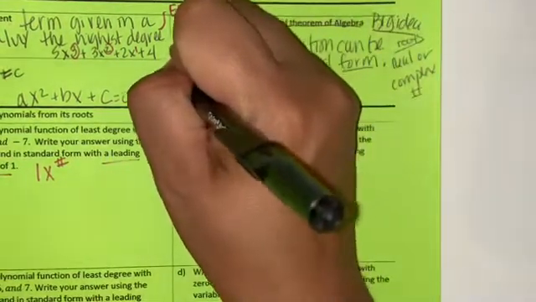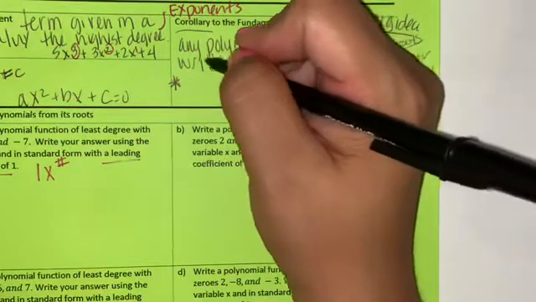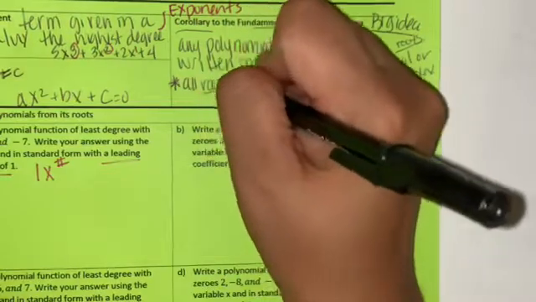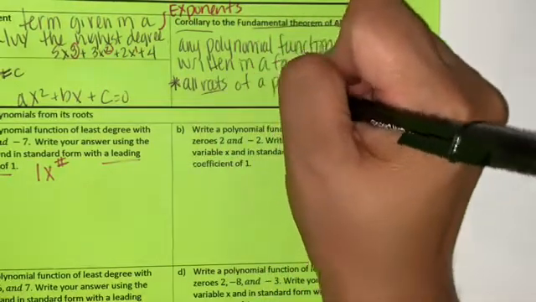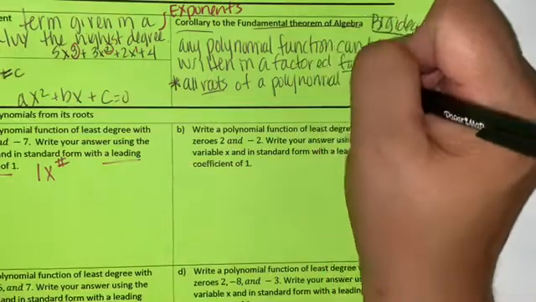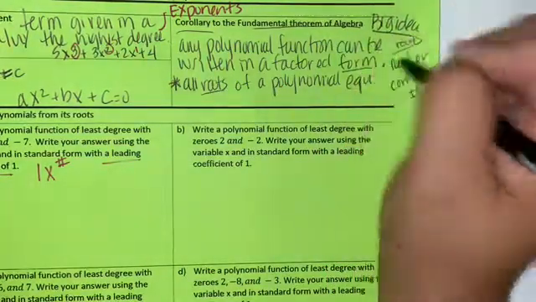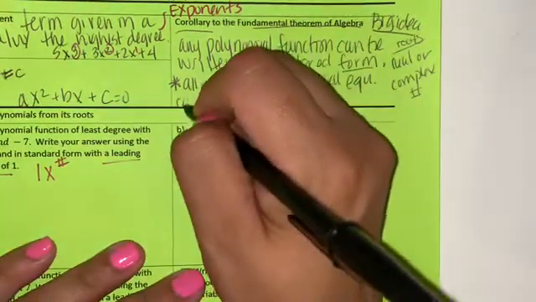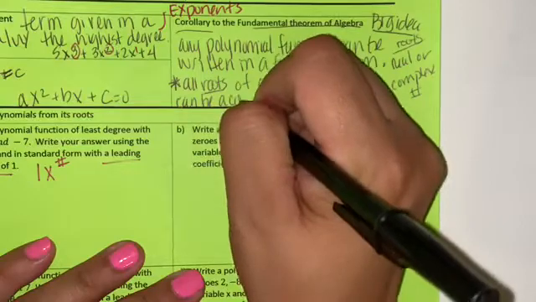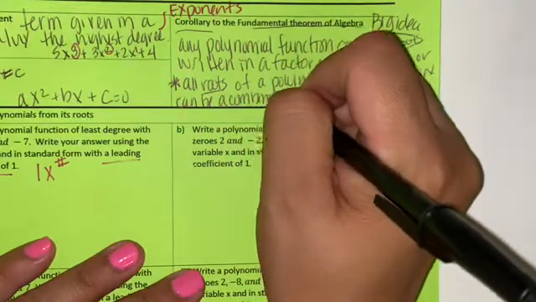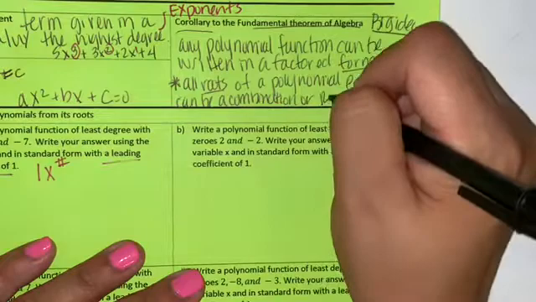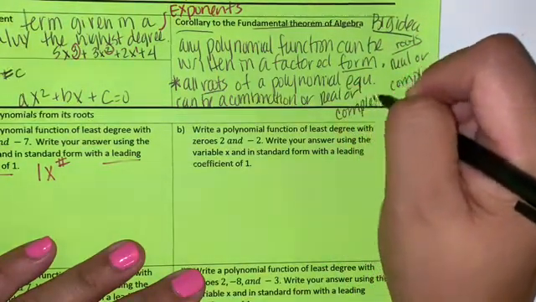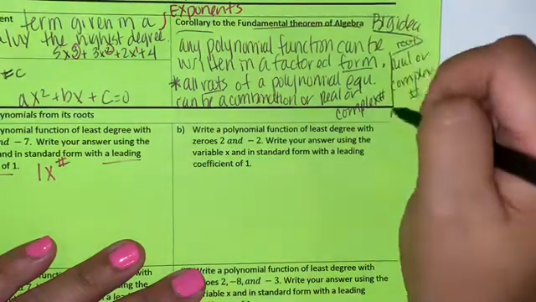So what we're saying is all roots of a polynomial equation, that's EQ for equation, can be a combination of real or complex numbers.